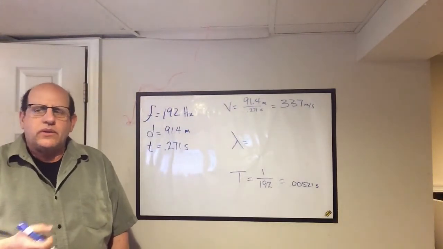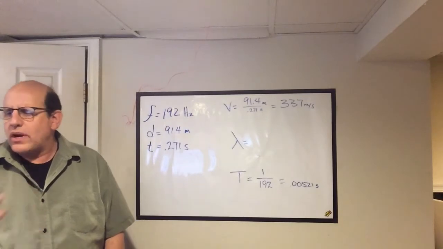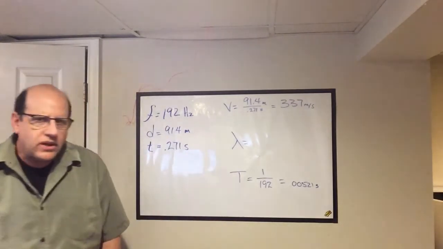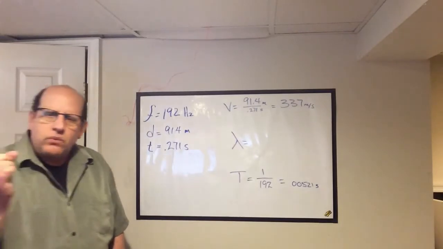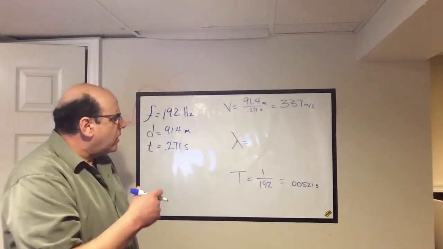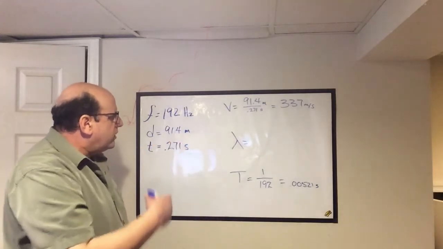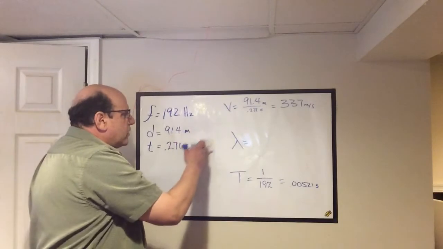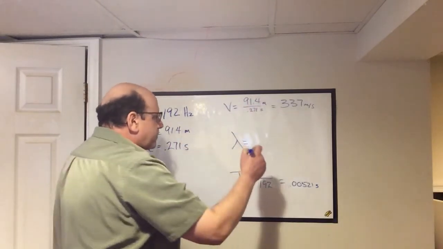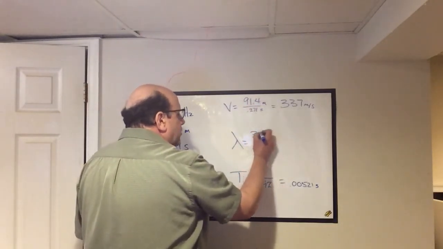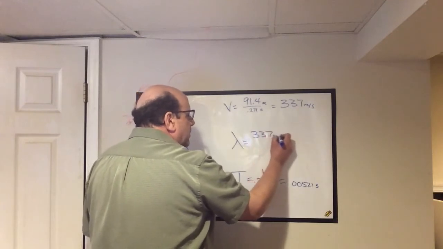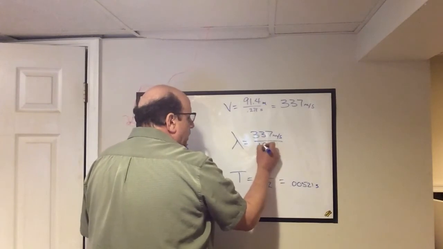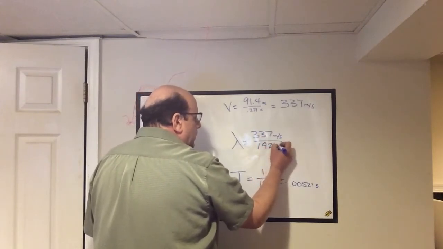The only thing you need to know is wavelength, or lambda, and I showed you in the previous video that to find the wavelength you need to know the velocity and the frequency. Well, you've been given the frequency and you've found the velocity, so the velocity is 337 meters a second over a frequency of 192 hertz.